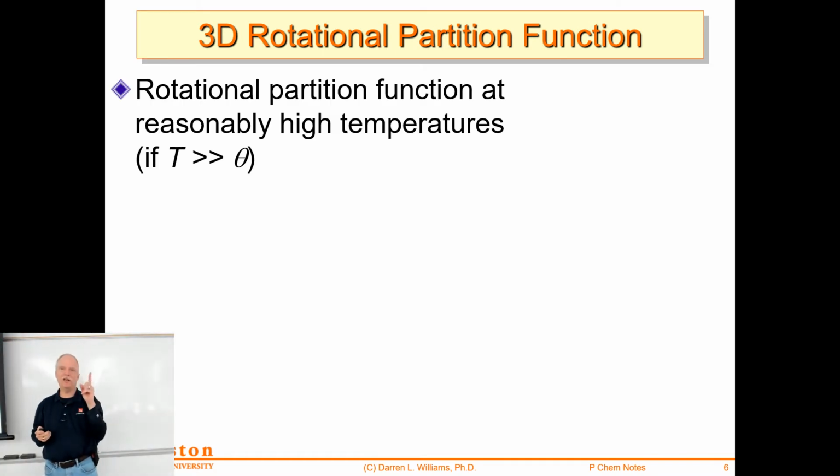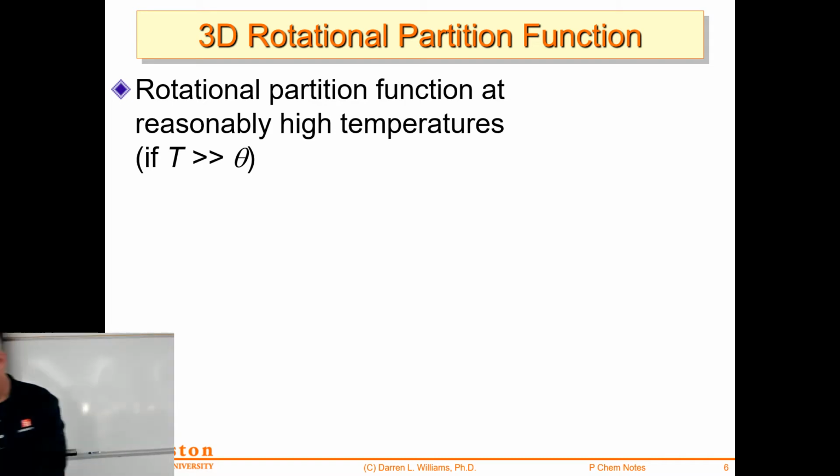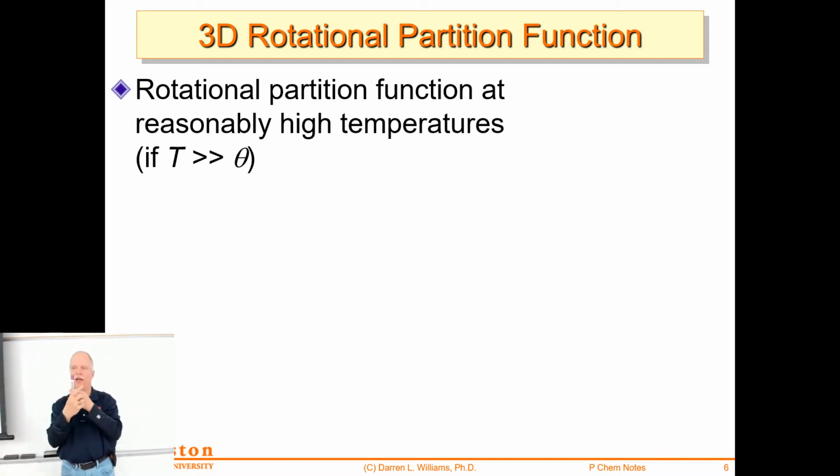So that was just one dimension, and for a diatomic, you only have two rotations that are defined. Because in a linear molecule, for rotation off the axis, there's no masses off the axis, and so you can't tell it's rotating. And so you just have this rotation, and because it's a symmetric molecule, C infinity V or D infinity H, those rotational constants are the same.